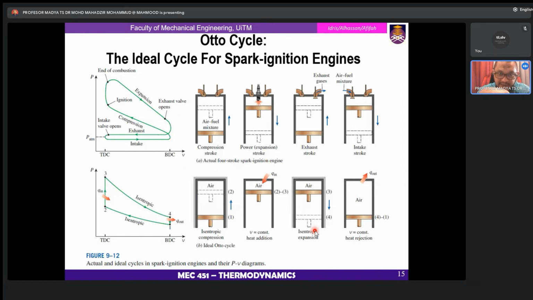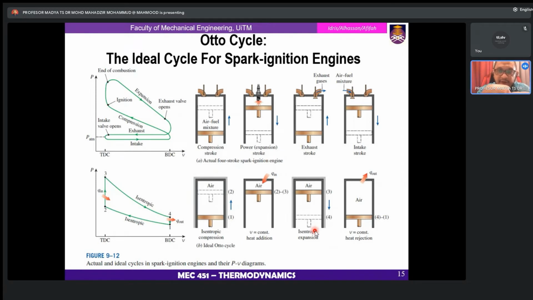What I mentioned earlier is the conditions and a rough view of the operation of Otto or petrol engines.